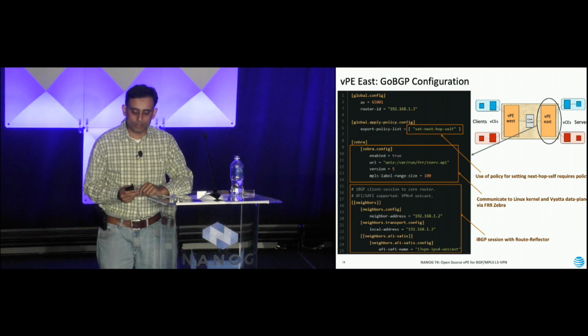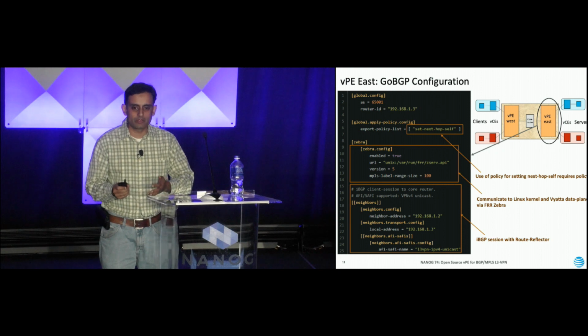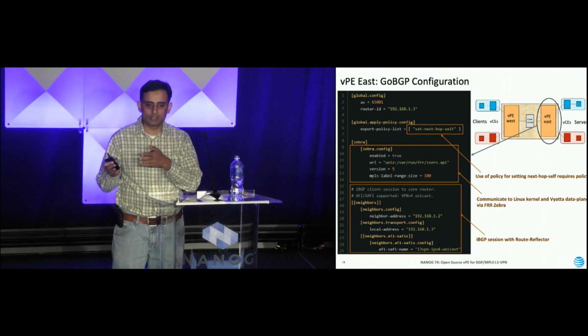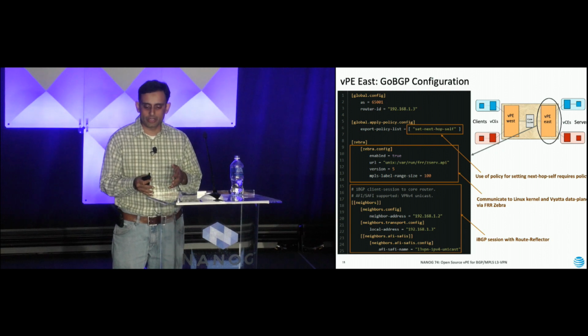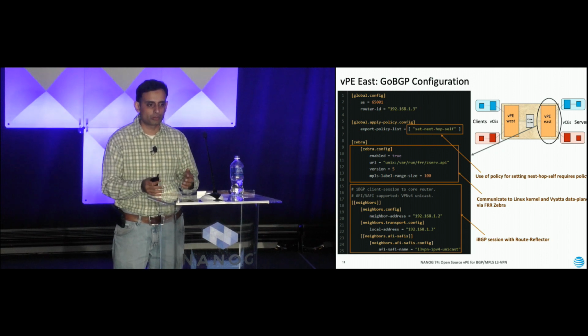Next is the GoBGP configuration on VPE East. Three key points here. The first key point is that in order to use next hop self, which is basically assigning the next hop as the loopback of its own interface, we had to use an export policy.